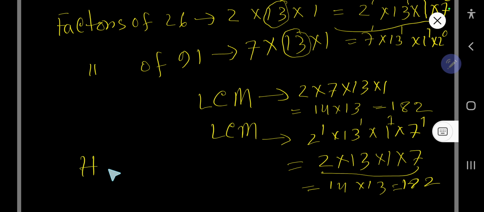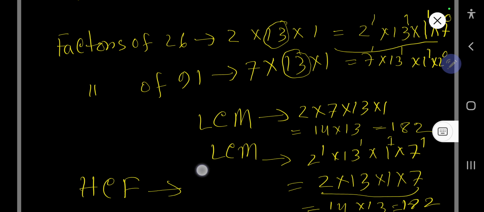And for HCF it is easy. Look, for HCF, highest common factor, we see that the highest common factor of 26 and 91 is 13, right?